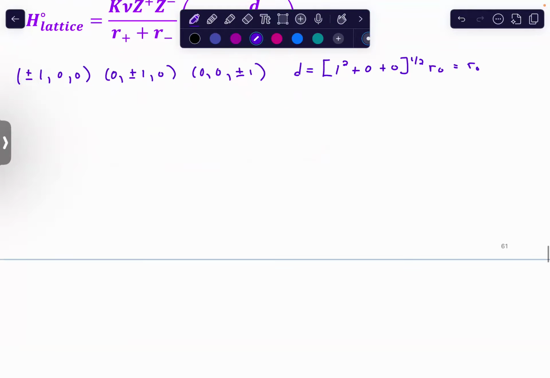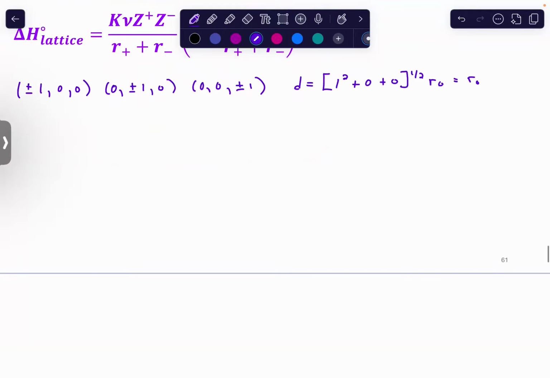Okay, so let's start our internal energy by thinking about Coulombic potentials. Now, this is going to take on a slightly different form. The most basic form in algebra-based physics is, do you remember what that is?